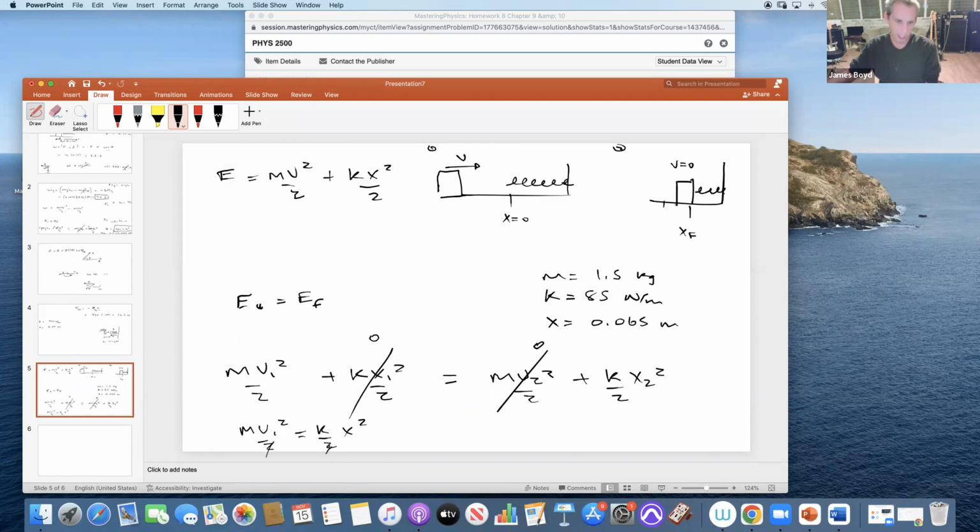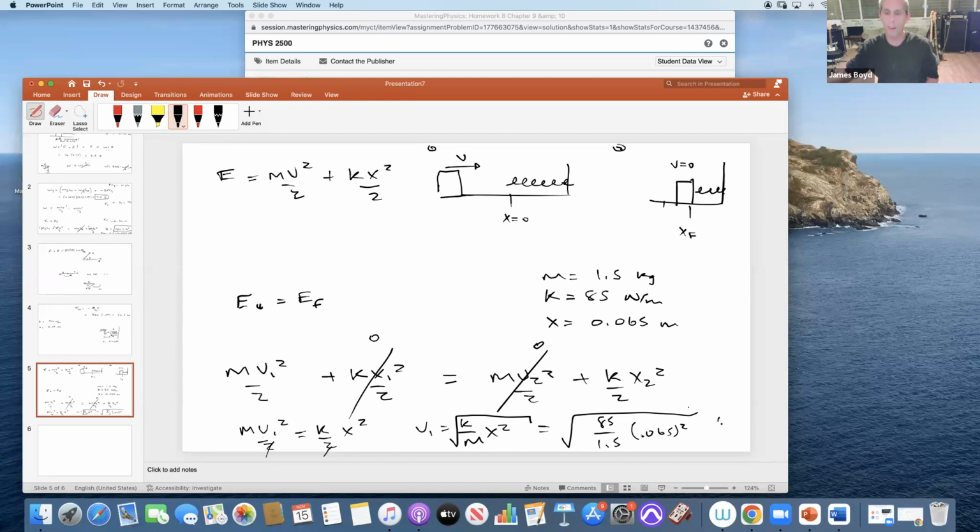Now the 2's cancel. We get that v1 is k over m times x squared, and then take the square root. So I have 85 over 1.5 times 0.065 times 0.065, and then take the square root. Don't forget to take the square root.